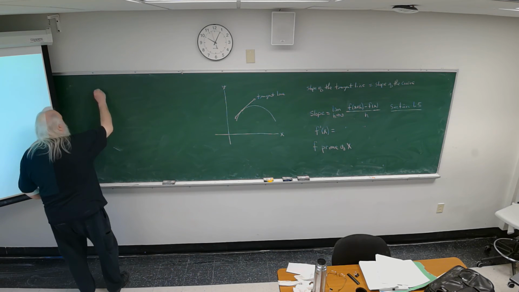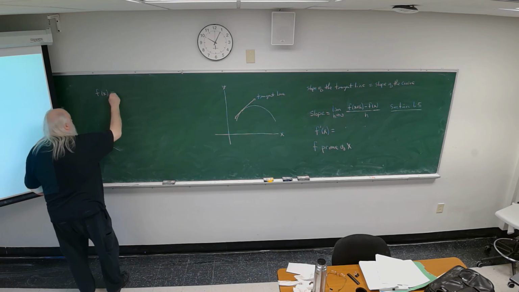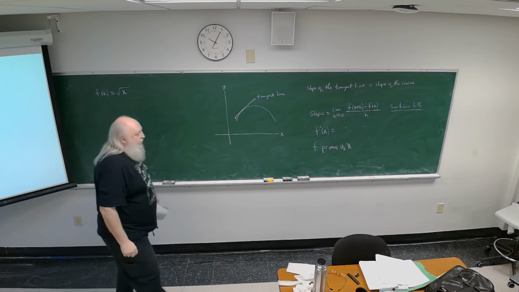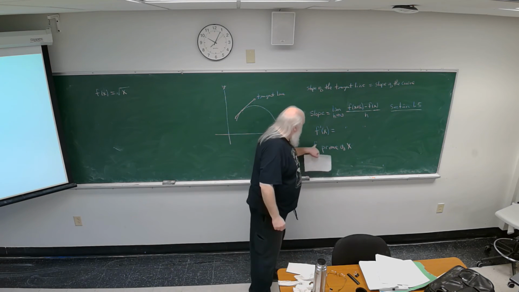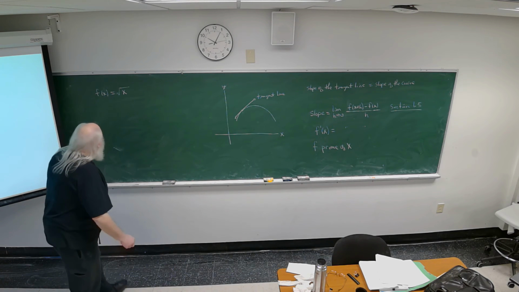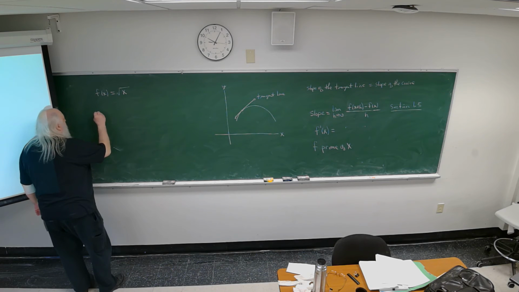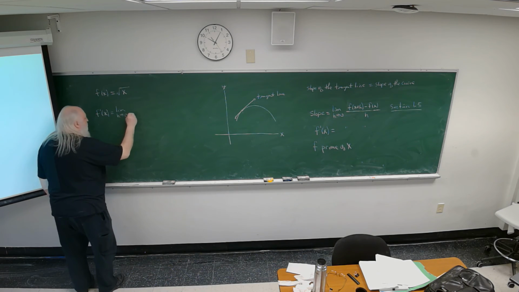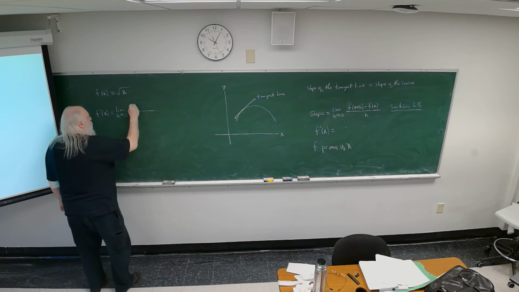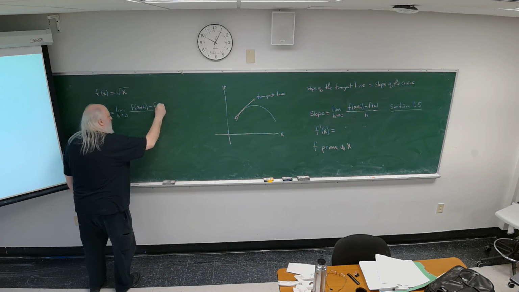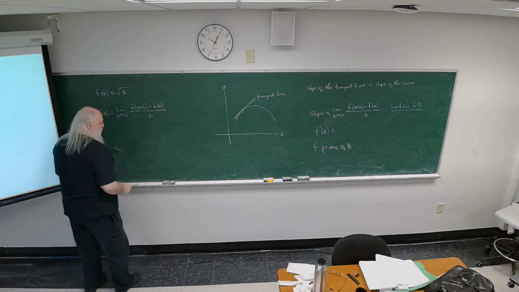We have f of x is equal to the square root of x. So to calculate the derivative of f of x, f prime of x, we've got to calculate the difference quotient. So we have f prime of x is equal to the limit as h approaches 0 of the difference quotient, f of x plus h minus f of x over h.